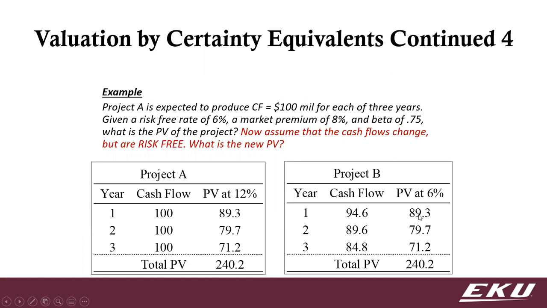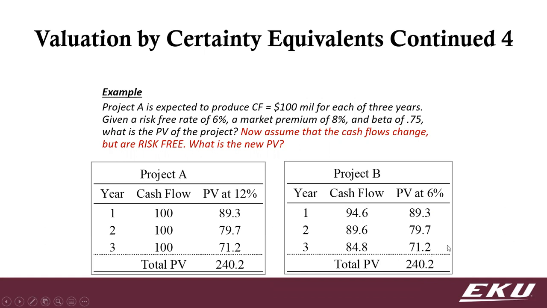We were told the risk-free rate was 6%. So at 6%, 89.3 in 1 year will grow to 94.6. The 79.7 in 2 years would grow to 89.6. And the 71.2 in 3 years would grow to 84.8.